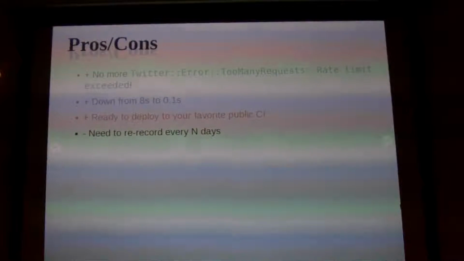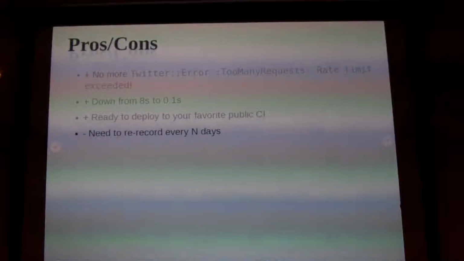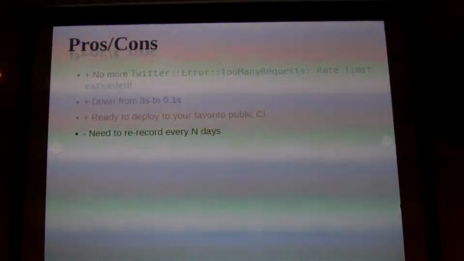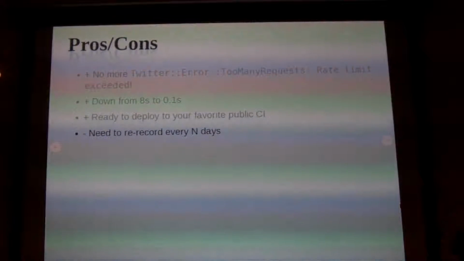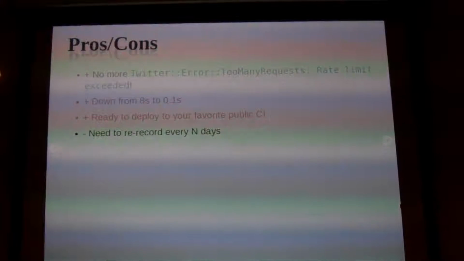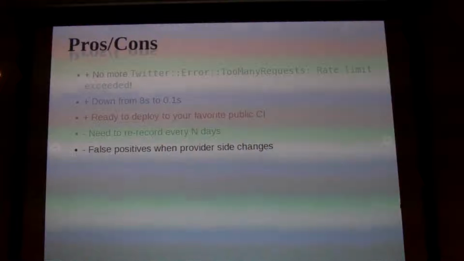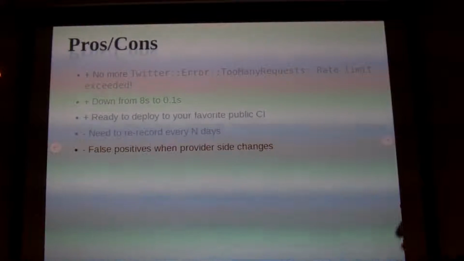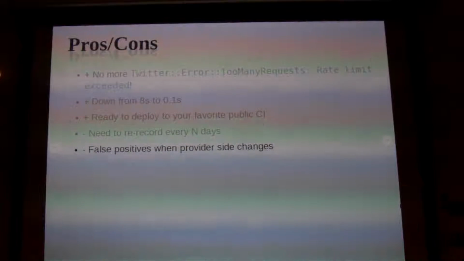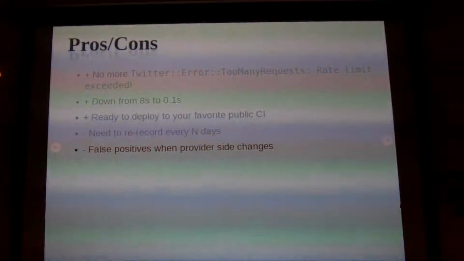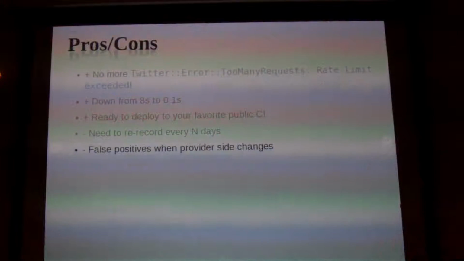So sometimes you need to re-record them. But that's very easy. You just set this to all, and you will get fresh data. So you will actually see the failures and stuff. And as I said, one of the side effects is that sometimes you get false positives. Your test should fail because Twitter changed something, but your test succeeds because you use the mock data.